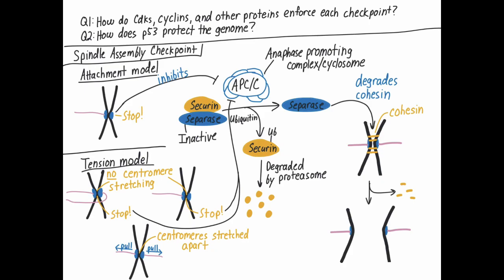Write down one component that you know, for example, the APCC complex, and try to remember how that component affects the others in the pathway, for example, securin, and how that component is affected by other things in the pathway, for example, unattached kinetochores. Then try to draw as much of the diagram as you can without looking back.